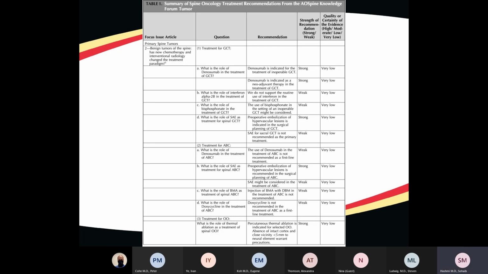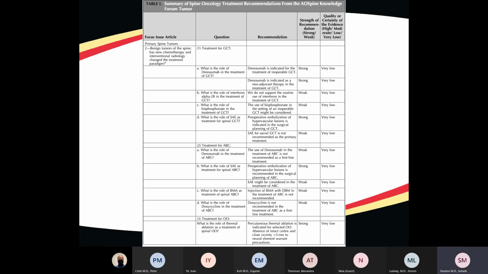And so I thought we'd finish looking at some of the different classifications, the recommendations from the Spinal Oncology study group that has worked with the AO and looked at the different recommendations. And this is a focus article from just a few years ago looking at different tumor pathologies and what the recommendations are currently in their treatment.